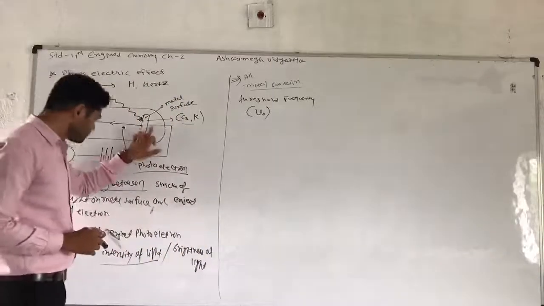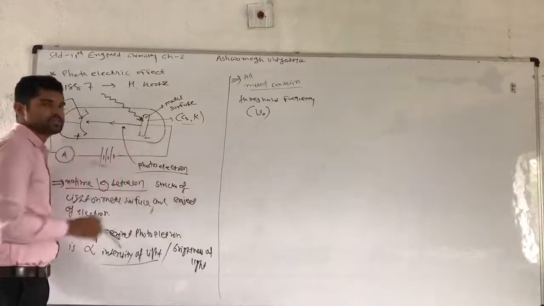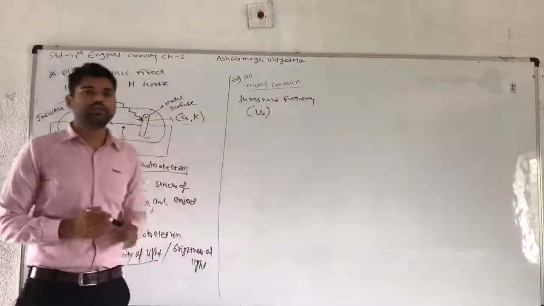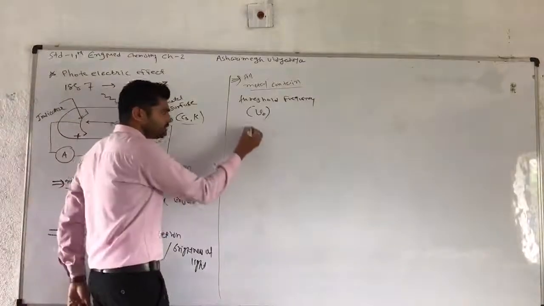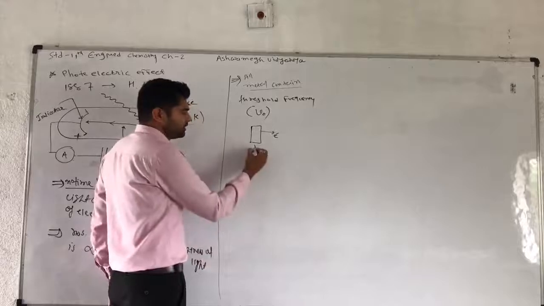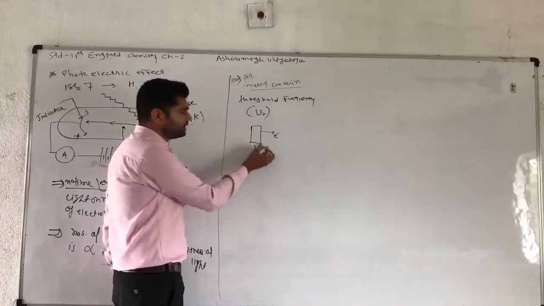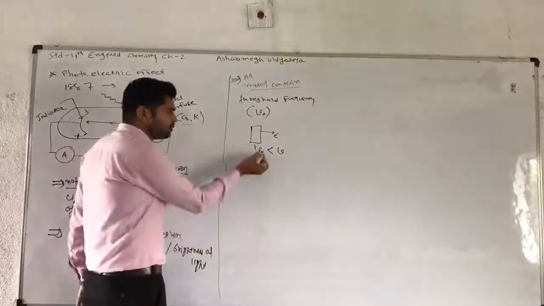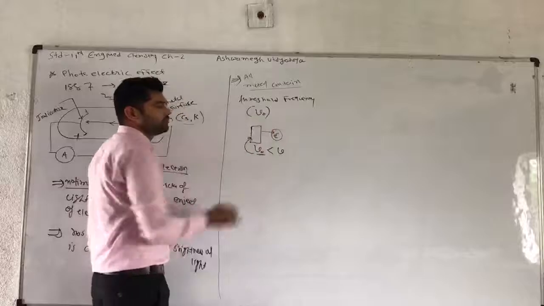All metals require a frequency of light more than the metal's threshold frequency for the release of photoelectrons. So when we apply light with frequency more than the metal's threshold frequency, then photoelectrons are released.